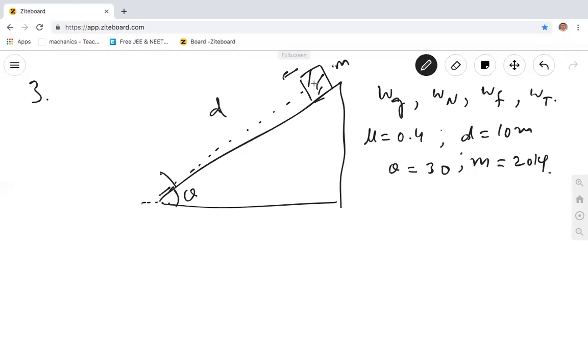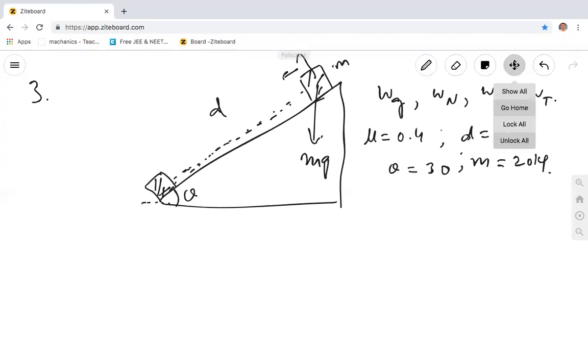The body falls from here to here. How much distance does it cover? D, 10 meters. What is this force? mg, vertically downwards towards the ground. What is this?